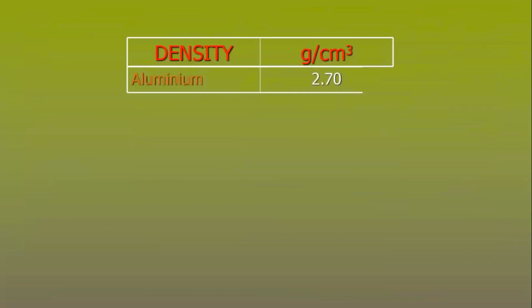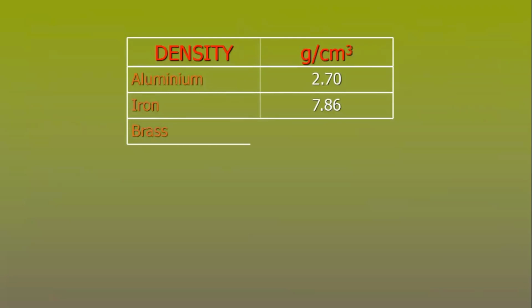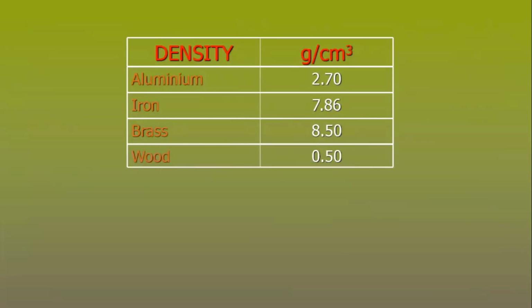Different substances of the same volume have different densities. For example, the density of aluminium is 2.70 grams per cubic centimeter. Iron is 7.86 grams per cubic centimeter. Brass is 8.50. Wood, 0.50.